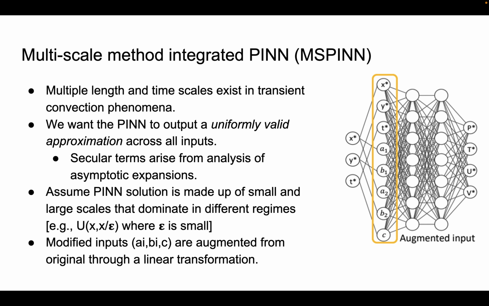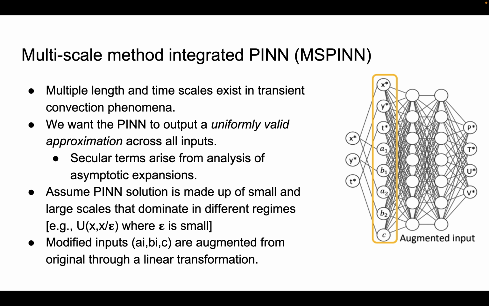And so now we assume that the PINN solution is made up of small and large scales that dominate in different regimes. For example, we say the u velocity is now a function of x and x over epsilon, where epsilon is small. When x is small, or of the order of epsilon, that second term is of order 1 and would contribute to u.